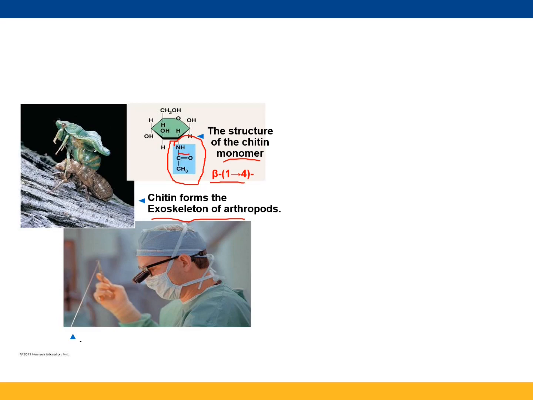It has a glucose that is a beta, and the glycosidic linkage is between the carbons 1 and 4. Very interestingly, this material seems to have applications in medicine because it's flexible, but at the same time is very durable. So it can be used during surgeries, and later it decays without the need to remove the stitches.